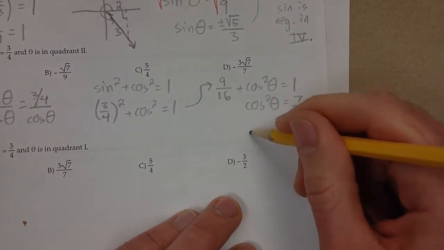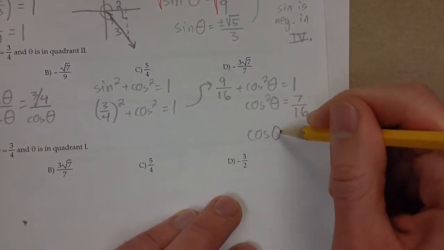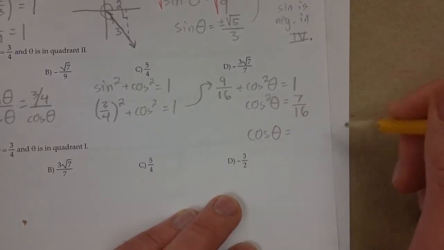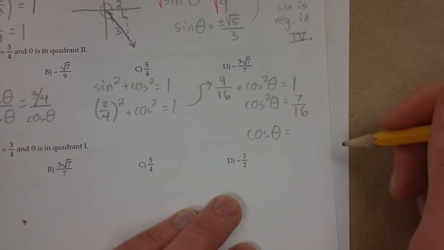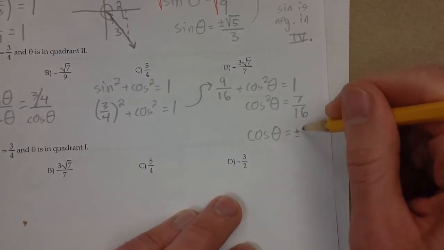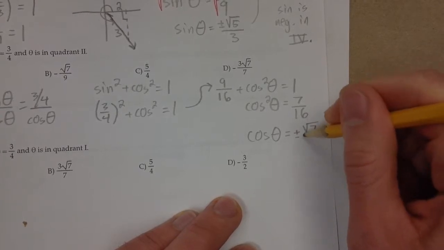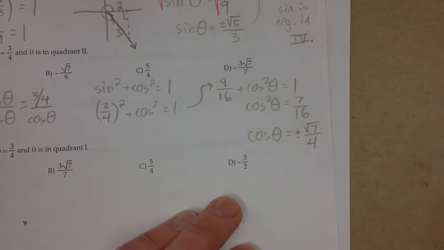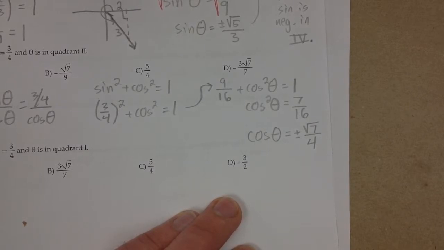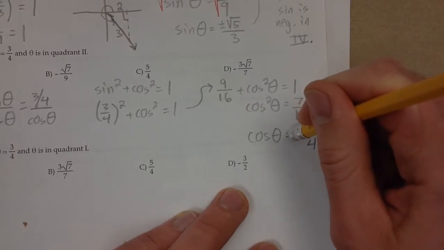And then you just root both sides. So tell me what you think it is. Plus or minus root 7 over 4. Well done. Plus or minus root 7 over 4 when you square root both sides. And because it's in quadrant 2, we should choose which sign? The negative.